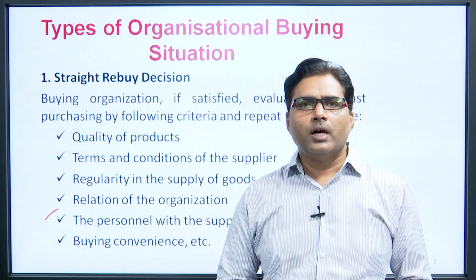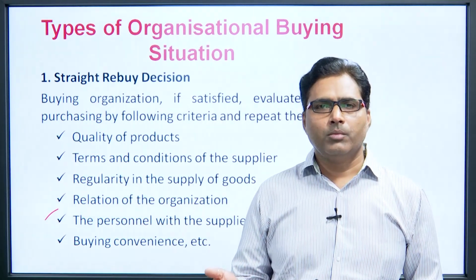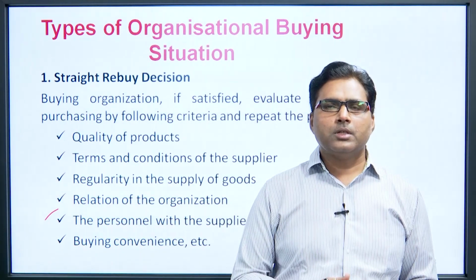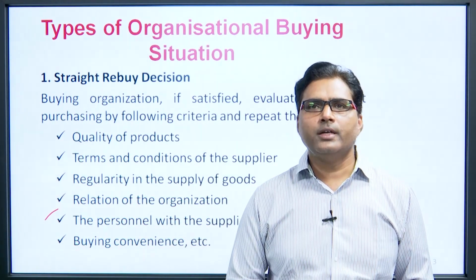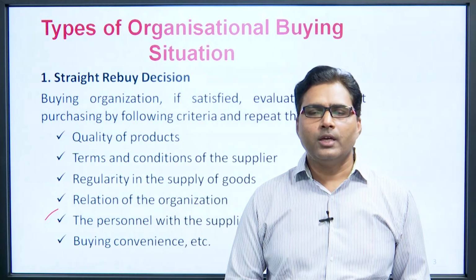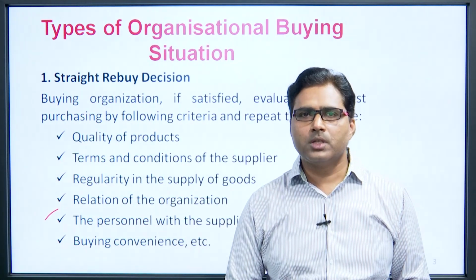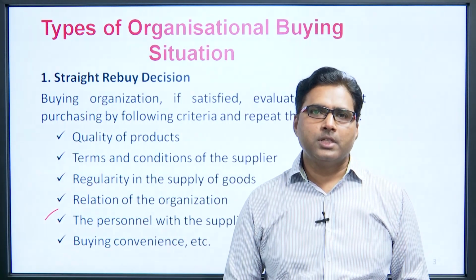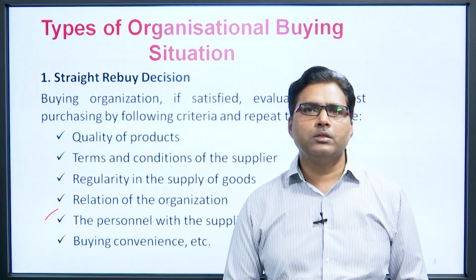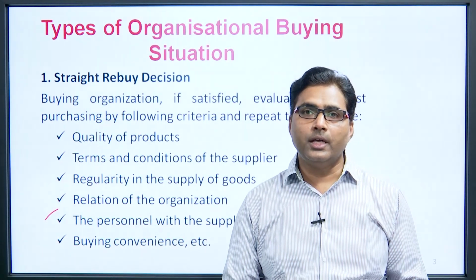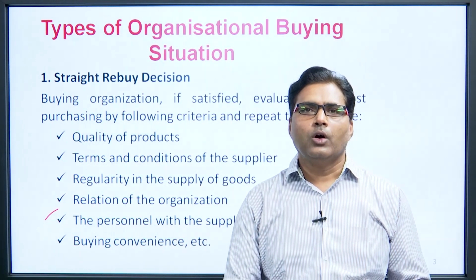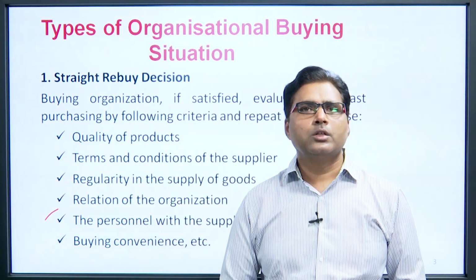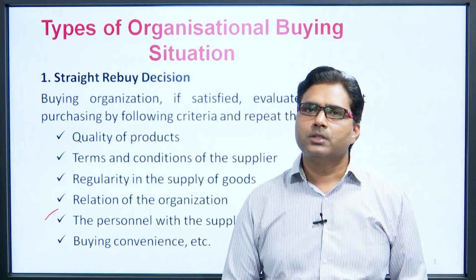Straight rebuy decisions are based on the satisfaction level of the buyers, because if they are satisfied, they evaluate the past performances of the seller, and their purchases will be done only when they are satisfied with the products or the services they are getting from the seller.